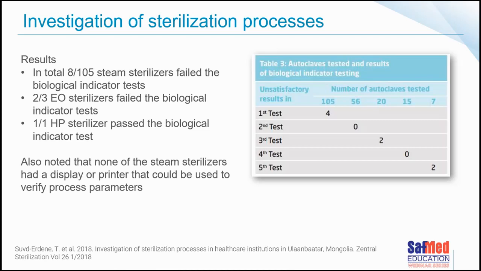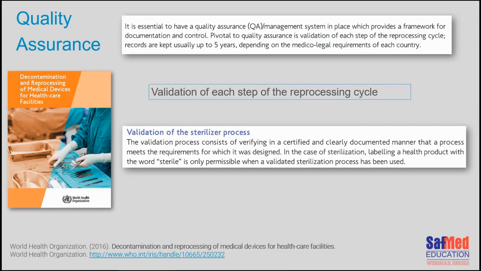Another point that they noted, of course, is that none of the steam sterilizers had a display or a printer that could be used to verify the process parameters. Again, that display and that printout and that information forms part of the validation of the steam sterilizer. And so it was a little disappointing to note that they didn't even have that.